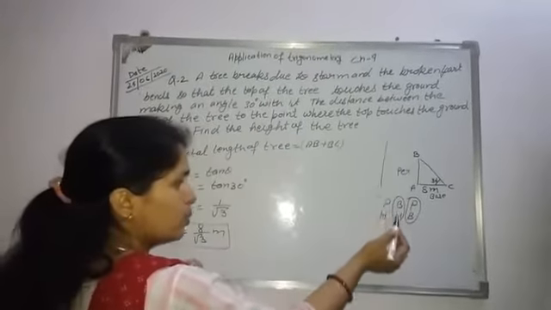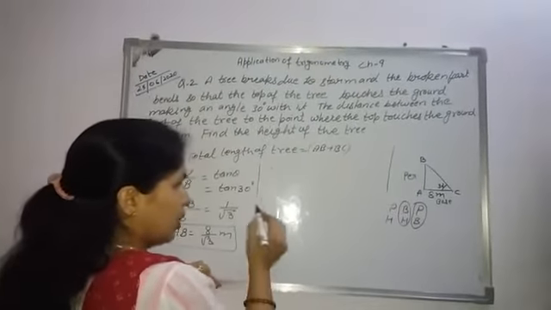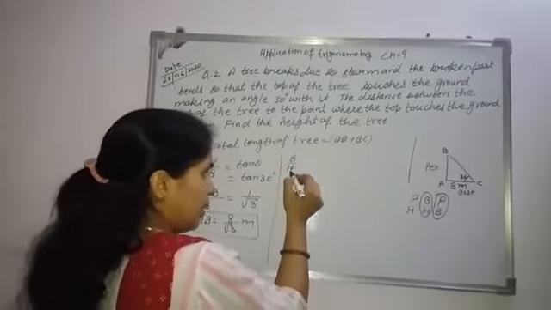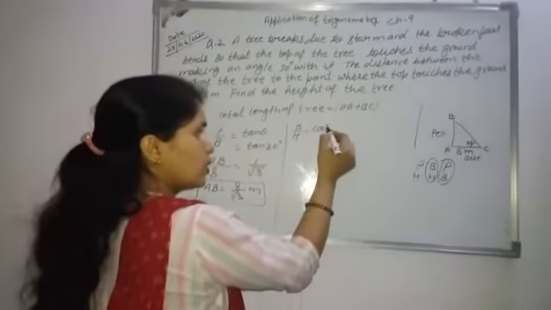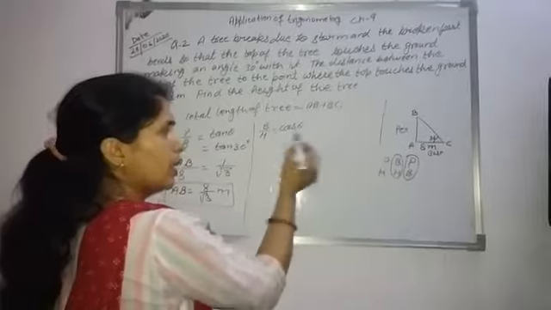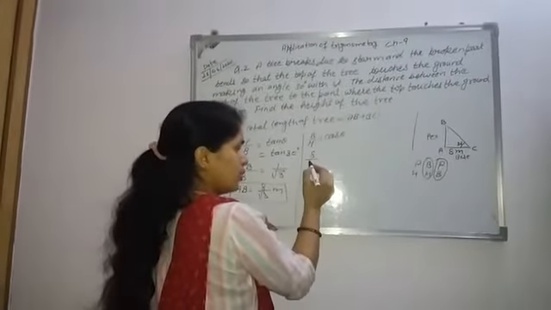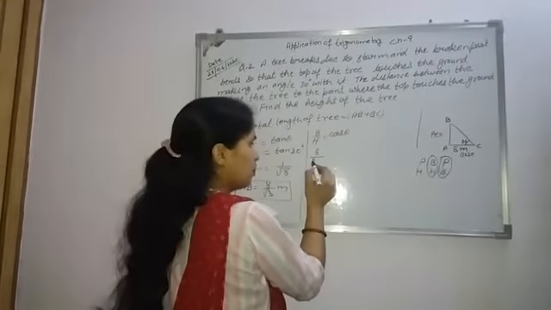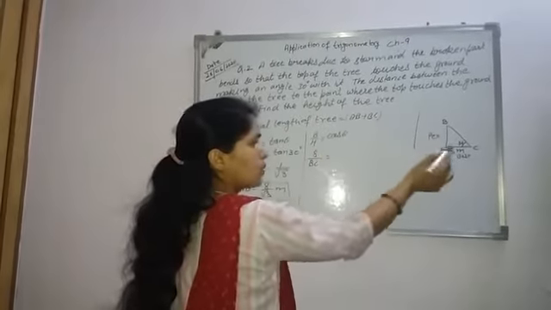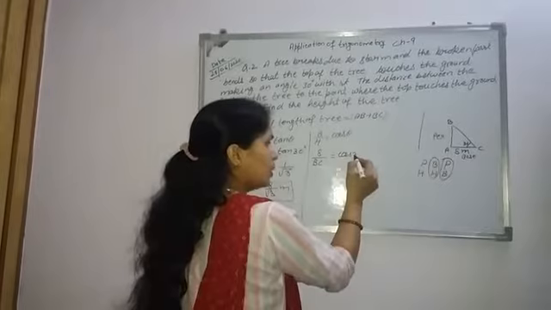So next one is B divided by H. B divided by H, and this ratio is cos theta. Again theta is 30 degrees, and base is 8 divided by hypotenuse BC equal to cos 30 degrees.